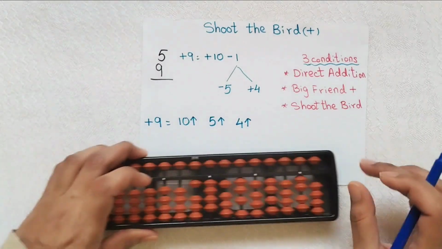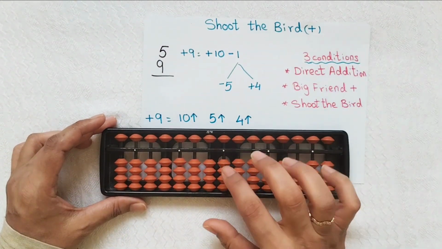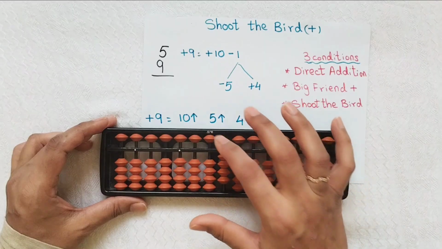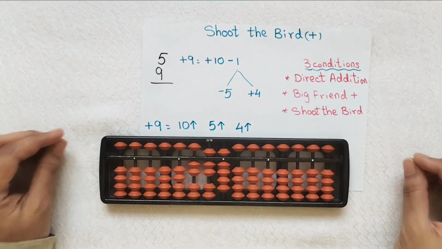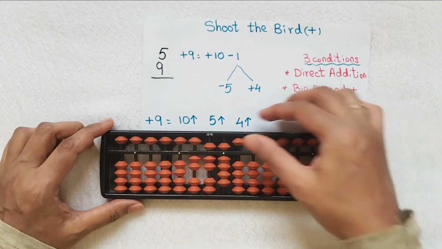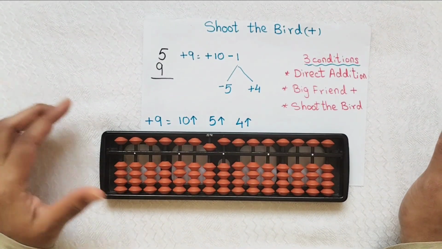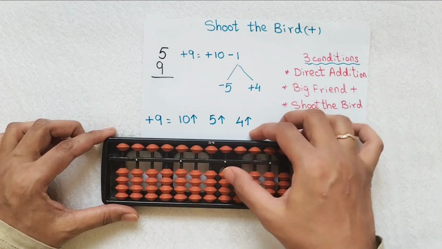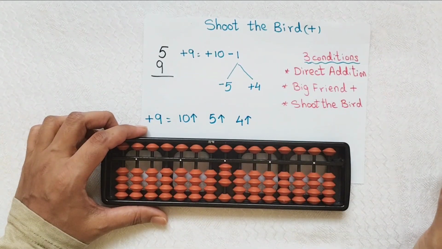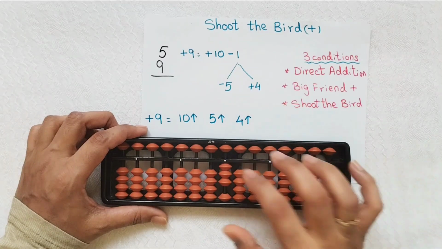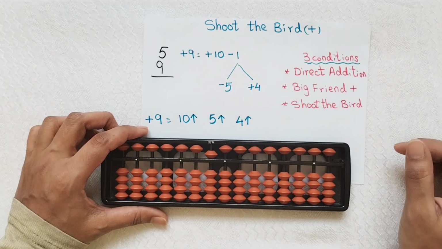The beads coming towards the value bar means addition, and the beads that move away from the value bar means subtraction. So when I say 10 up, I am doing addition here. But when I say 5 up, it means I am doing subtraction.